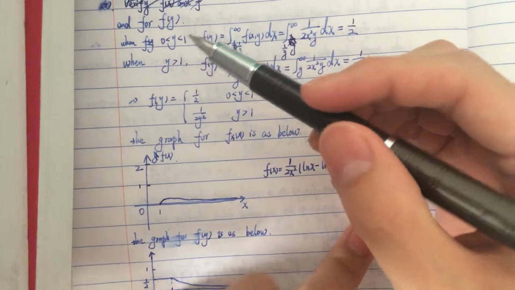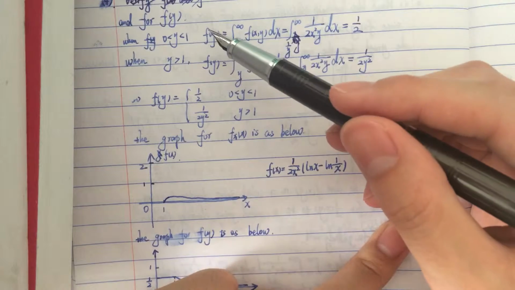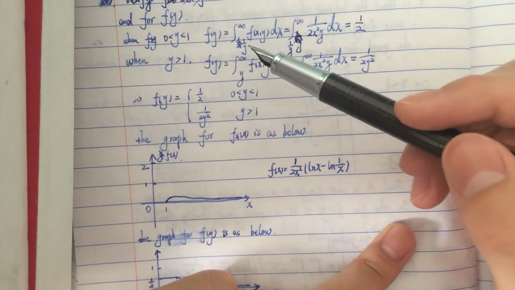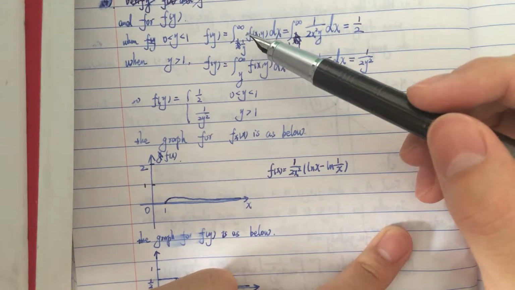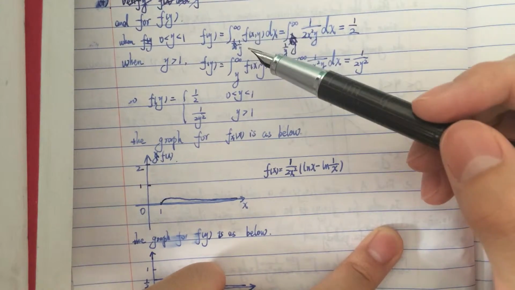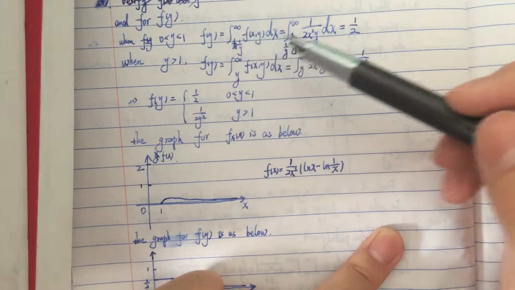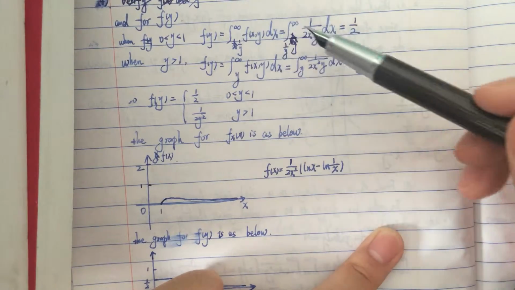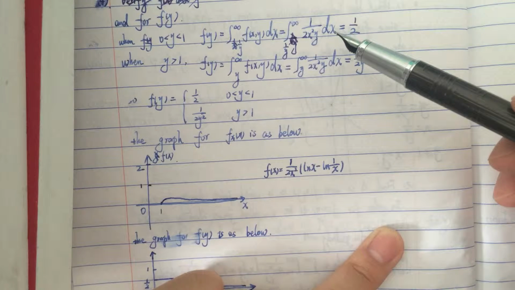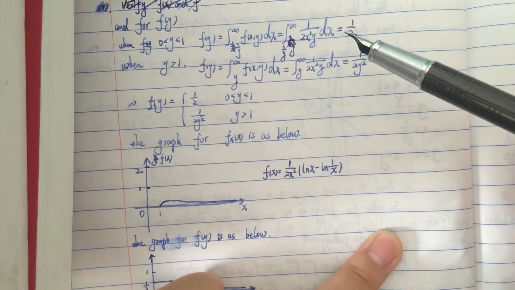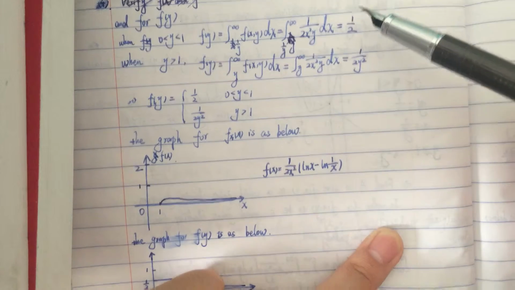So when y is larger than 0 and less than 1, the integration will be from 1 over y to infinity, and the result is 1 over 2.